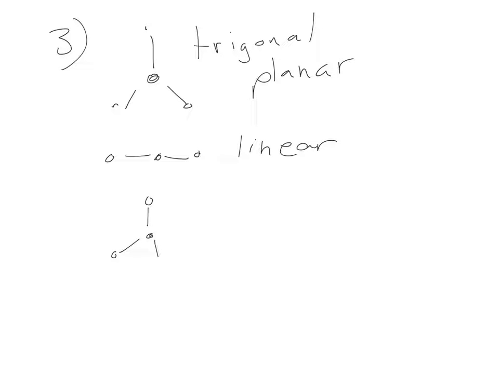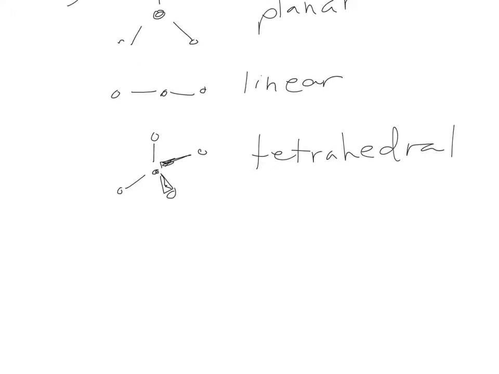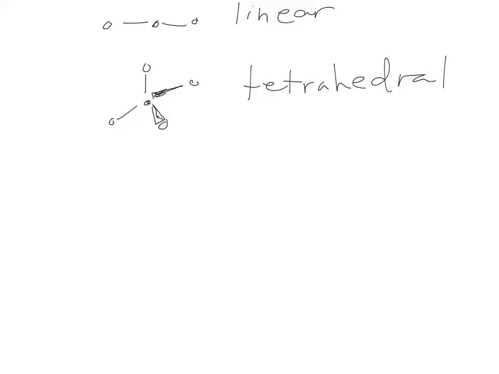And it had the wedges. Remember, this wedge is coming out, and this wedge is going in. And we called that one a tetrahedron, or it's tetrahedral. We have this one. So those are all the ones we remember from yesterday.